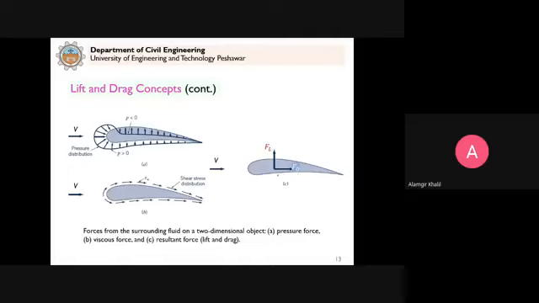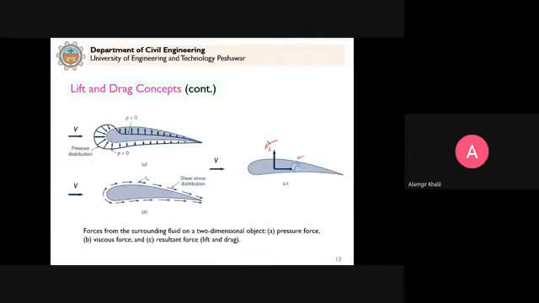Clear. So when a fluid is moving past this object, these two forces are developed. One is in the direction of the free stream, that is the drag force denoted by F with a subscript D, and another force which is acting perpendicular to the free stream, that is known as the lift force.